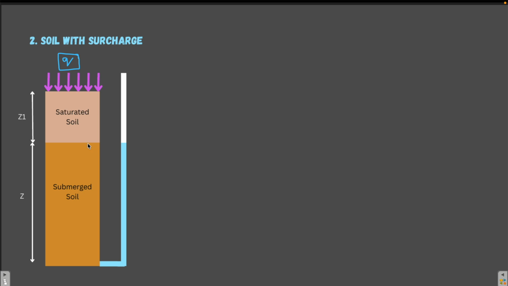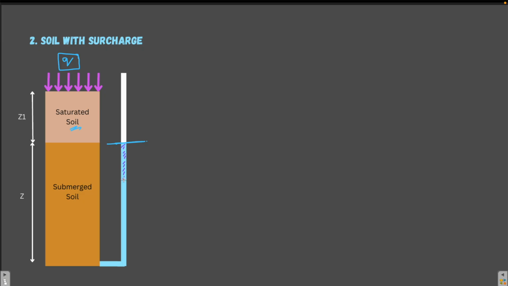Now you see here the soil is in saturated condition over here, but it is not submerged, and it is in submerged condition over here. How can you say that it is submerged here and saturated over here? Because you can see the piezometer. The piezometer here has the water height up to this depth.